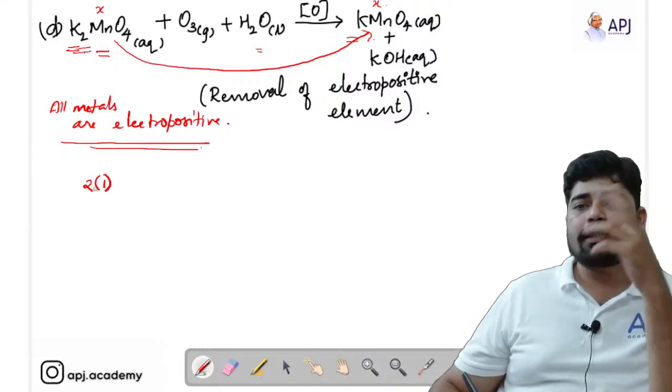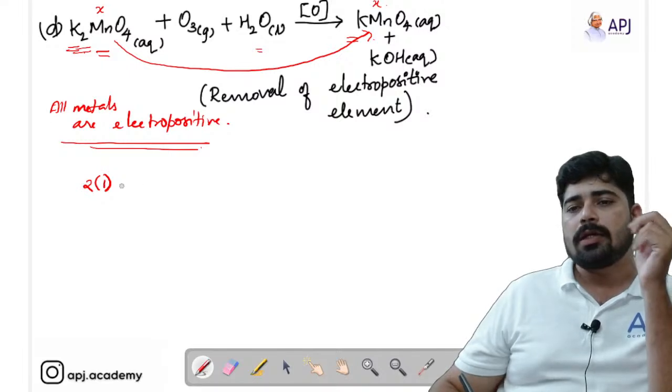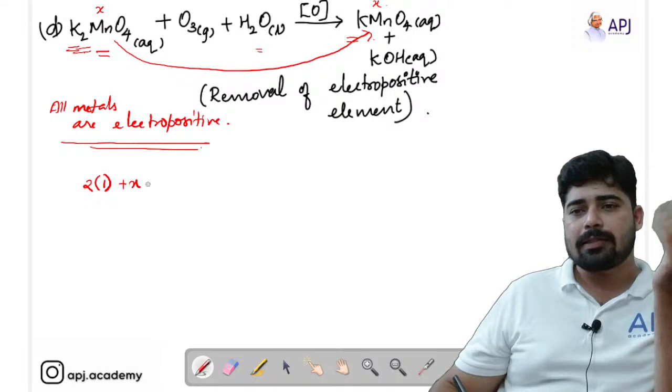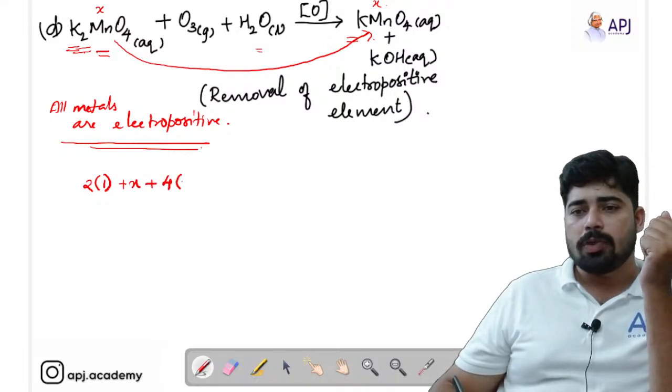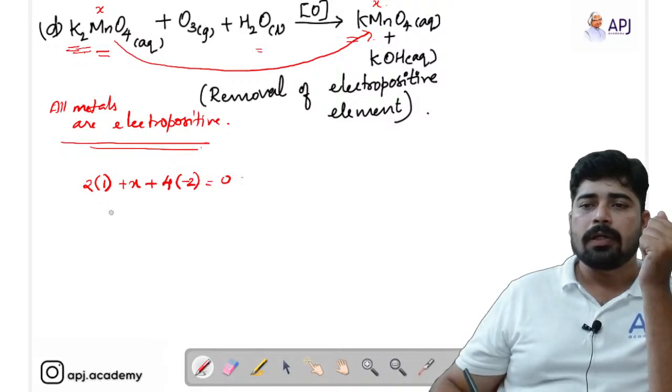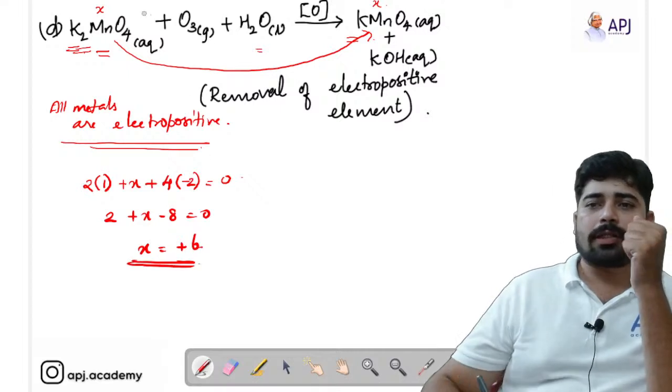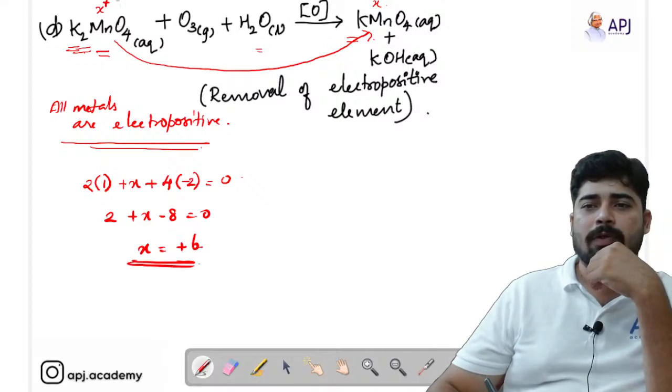There are 2 potassium atoms, so 2 into 1 plus X. The oxidation state of manganese is taken as X, and the oxidation state of oxygen is -2. So 4 into -2, equal to the total charge on the molecule, which is 0. So 2 plus X minus 8 equal to 0. So X is equal to +6. So the oxidation state of manganese in K2MnO4 is +6.